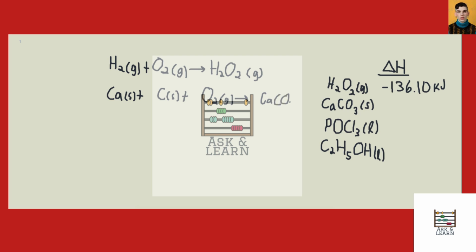Now, this will produce our carbonate. Now, let's see what we have here. We have one calcium on the left, one calcium on the right, one carbon on the left, one carbon on the right, and we have two oxygens on the left, but three on the right.